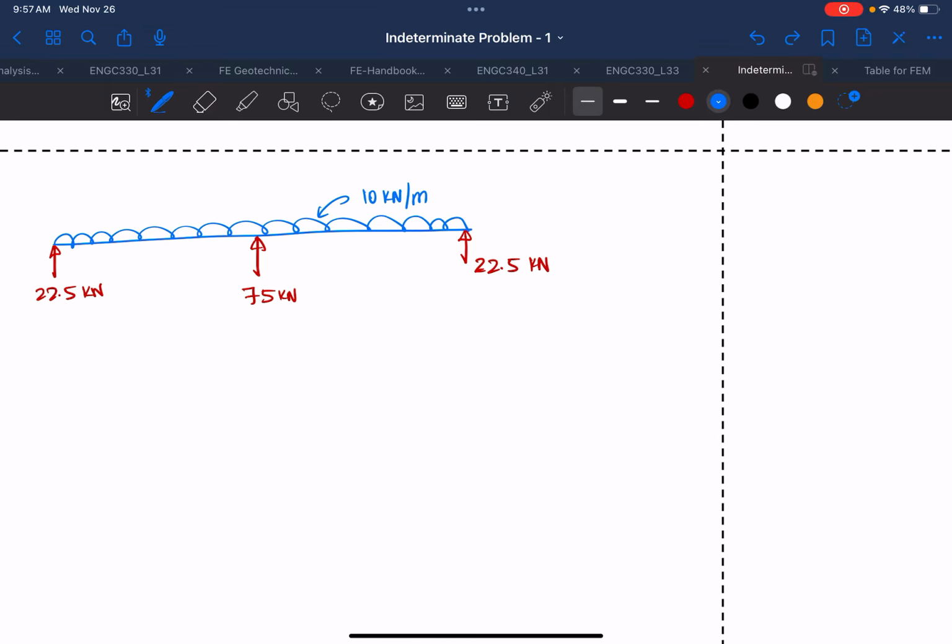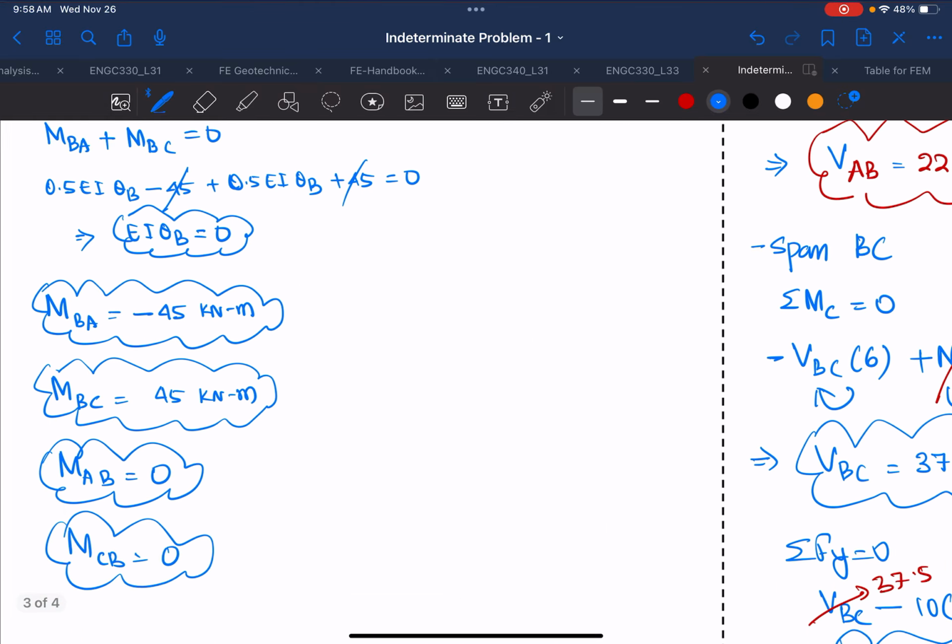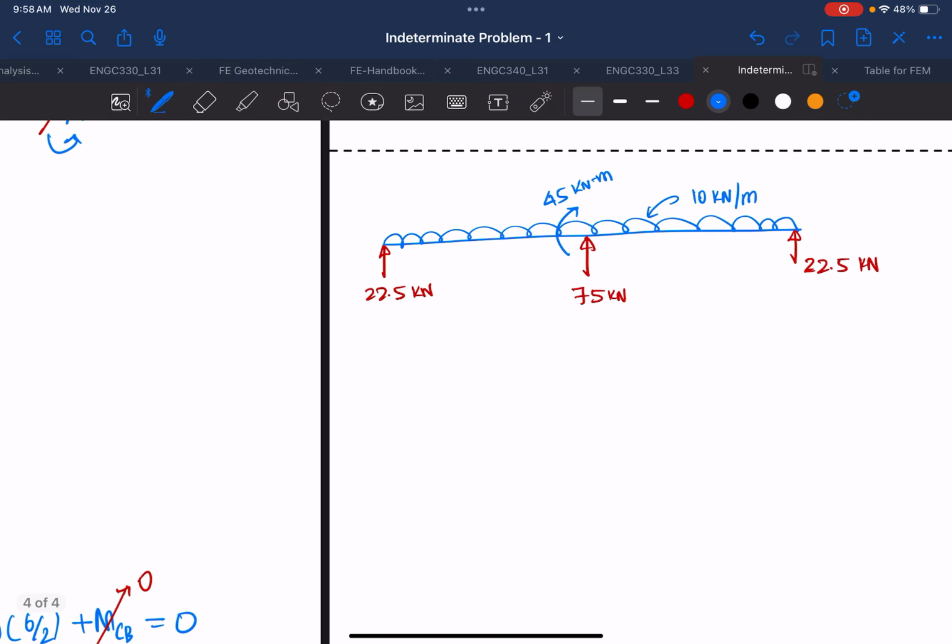Minus 45 means it has to be clockwise. And then we have a moment MBC, which is 45.